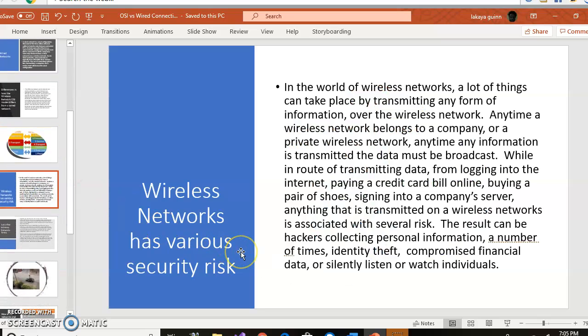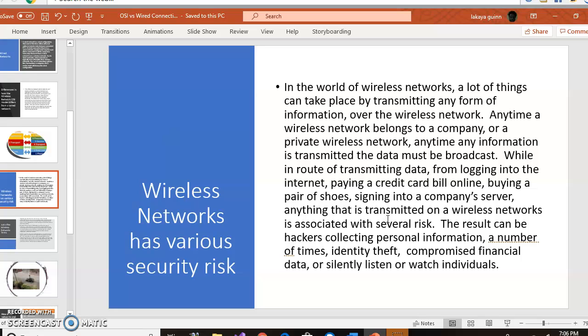With wireless networks, there are various security risks. With the security risk, there is identity theft, compromised financial data, and silently listening and watching individuals where there are cameras.